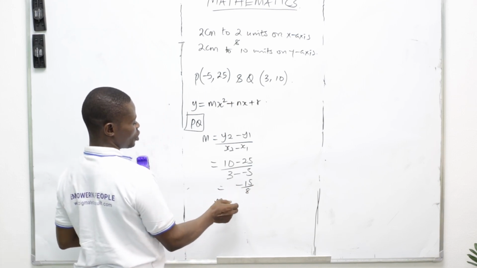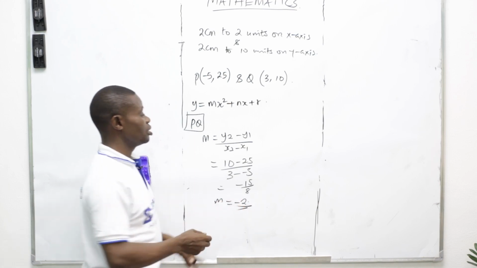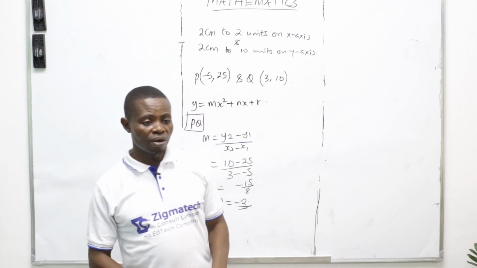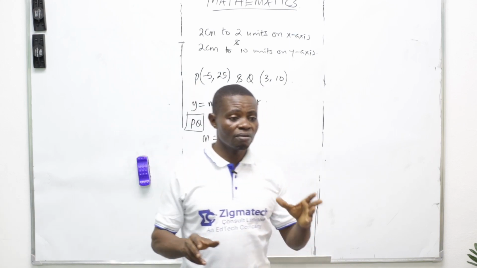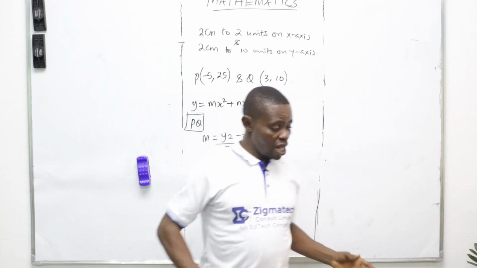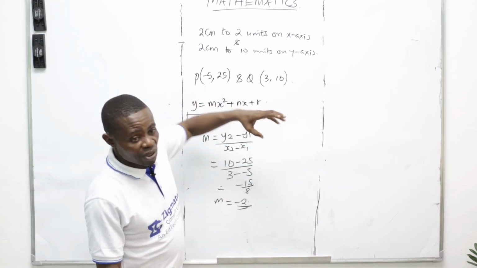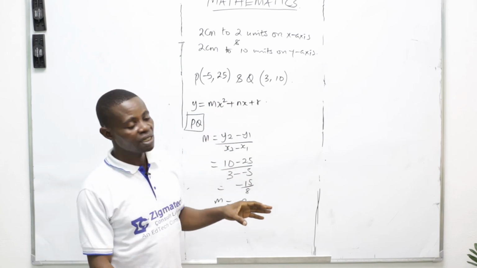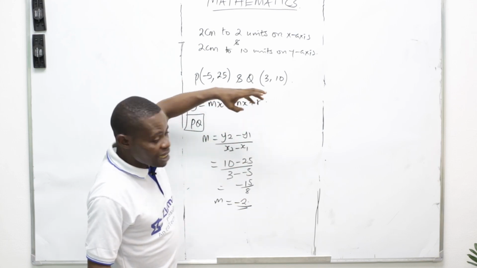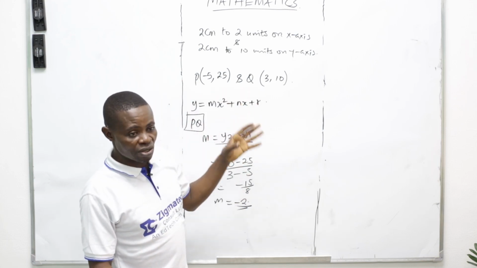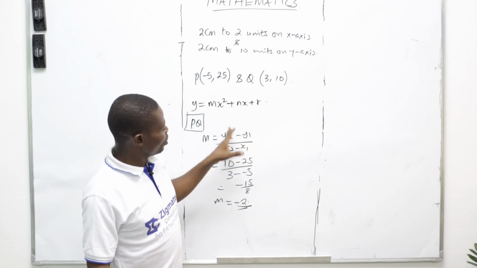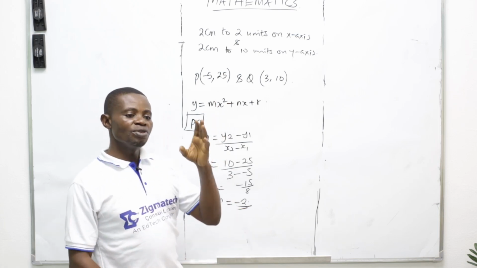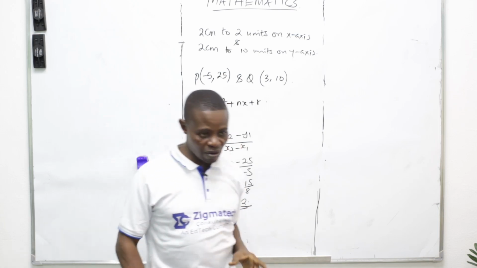Once again, approximately minus 2. Okay? So this is the gradient of this curve. Though, in the real question paper, whatever you trace from your graph, remember, is what you are going to present. Here, we are just showing you exactly how to answer that question. And when you follow that procedure and the method adopted here, you get the exact value.